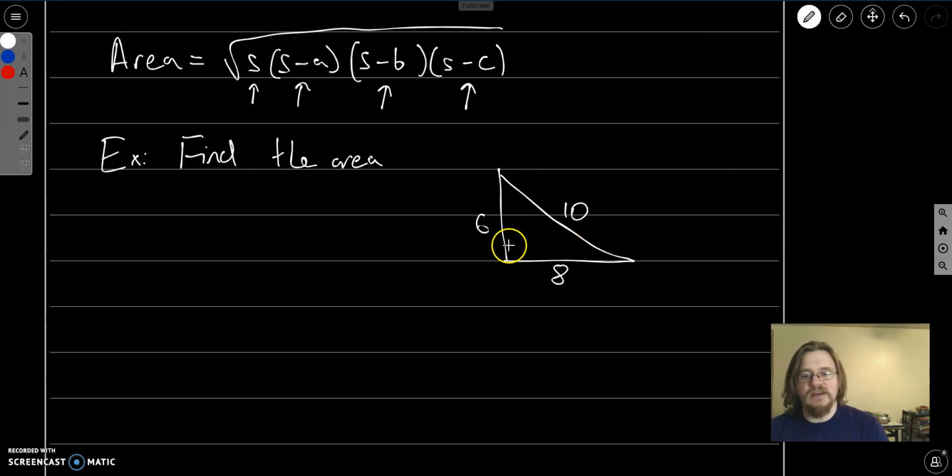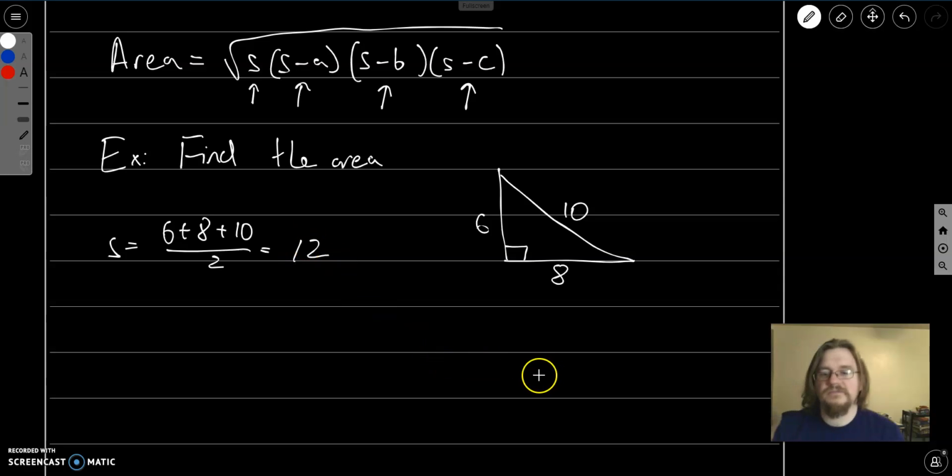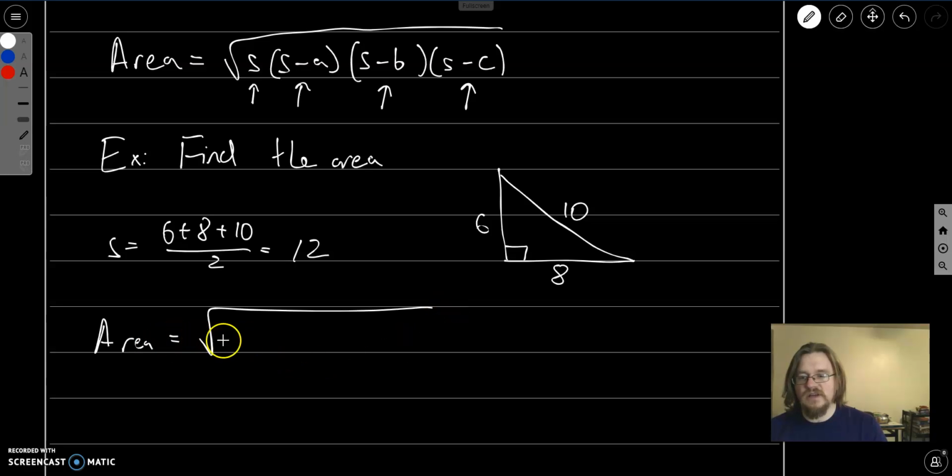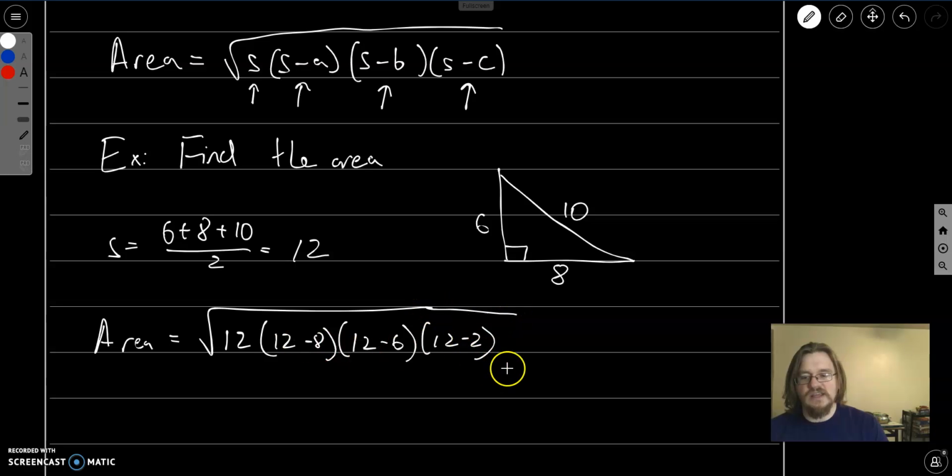So let's find the area of this triangle. We saw that a 6, 8, 10 triangle was a right angle triangle. So let's find S first. S is going to be 6 plus 8 plus 10 divided by 2. 6 and 8 is 14, plus 10 is 24, divided by 2 is 12. So the area is going to be the square root of 12 times 12 minus 8 times 12 minus 6 times 12 minus 10, just each of the sides.